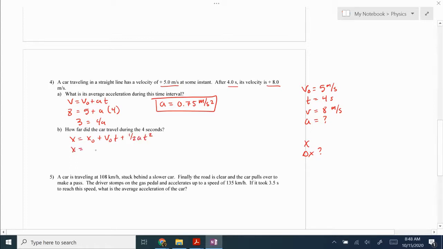So let's see here. We'll say it starts from 0. In this case, we do have to use this term. We would put a 5 in there. Time is 4 seconds plus 1/2 times the acceleration, we just figured that out, 0.75, times 4 squared.